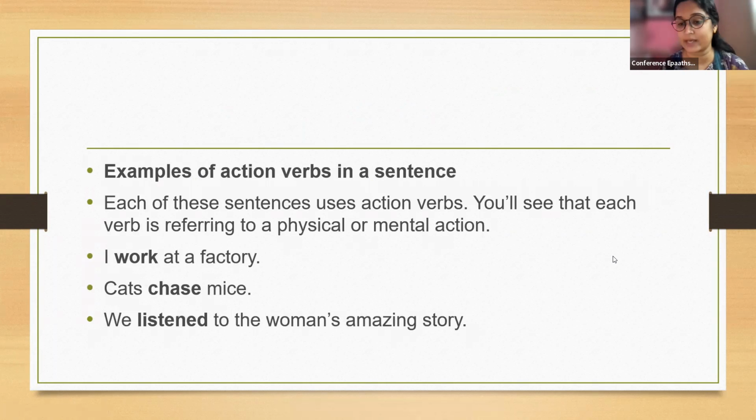Now, how can you use action verbs? I work at a factory. Cats chase mice. We listened to the woman's amazing story. All these three verbs, work, chase, listened, are talking about some action. So these are action verbs.